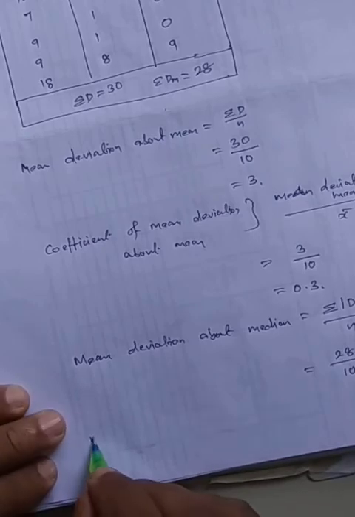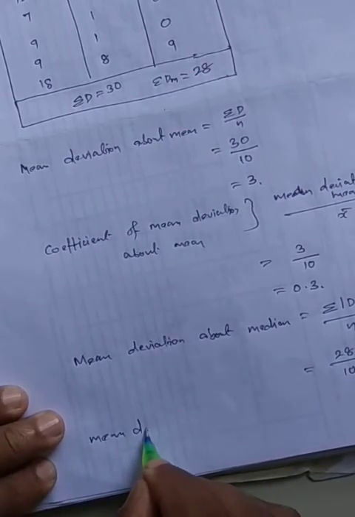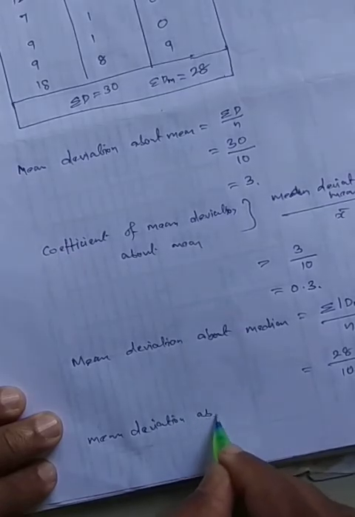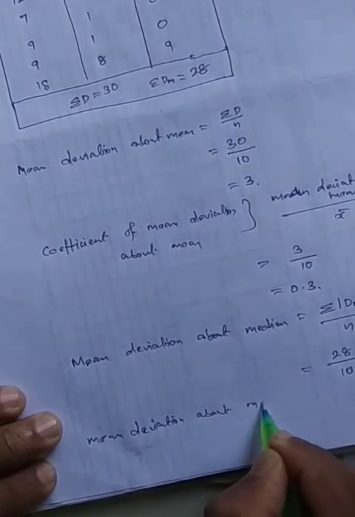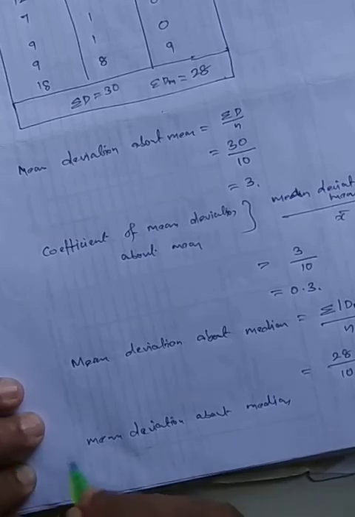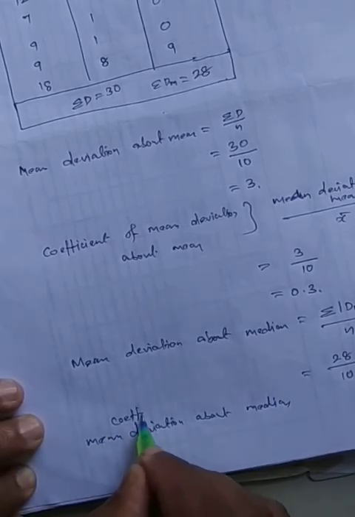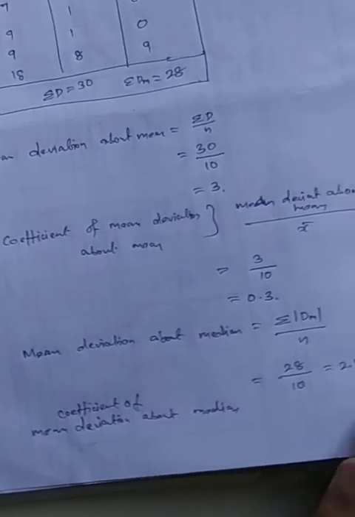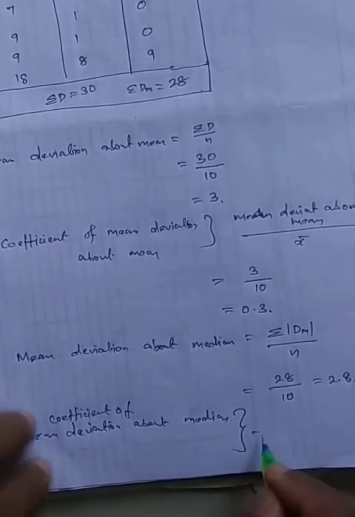Next, what we are going to do? Mean deviation about median. What we need to find? Coefficient. So that's why I'm writing coefficient of mean deviation about median. You can write it here. What's the formula?